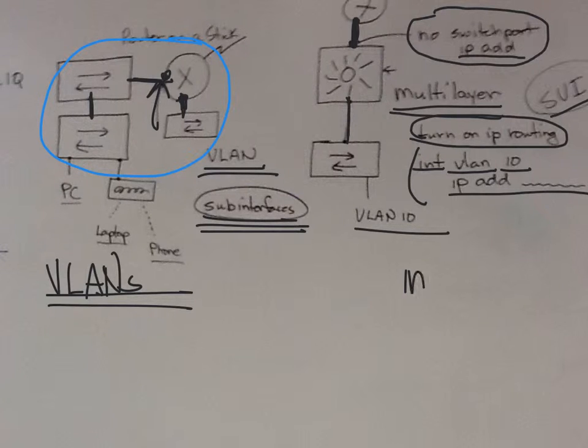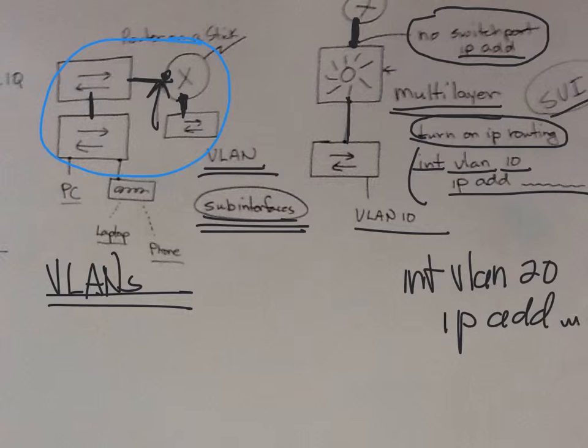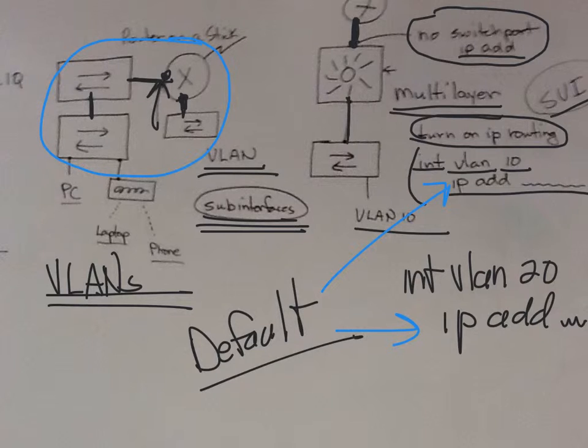We could do the same thing if you go interface VLAN, let's say 20, and assign that an IP address. This IP address and this IP address would be the default gateway for the VLANs, for all the VLANs over here, or here, in either place.